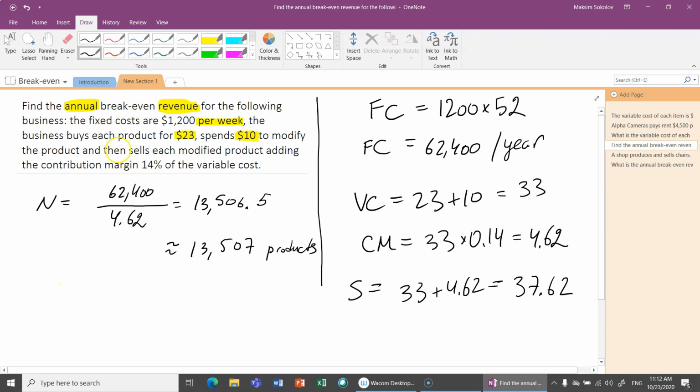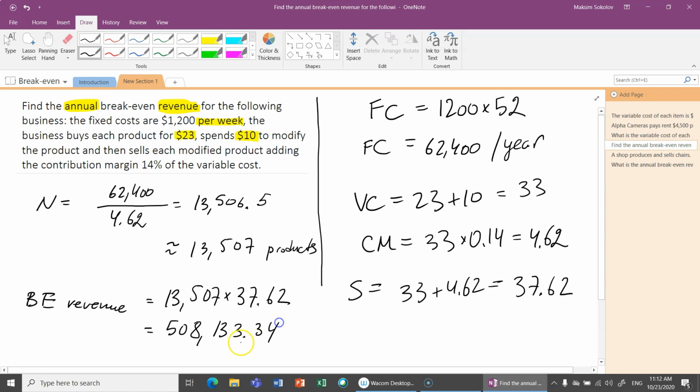Break-even revenue is going to be 13,507 items to be sold to break even, and we multiply by the selling price of each item, which gives $508,133.34.